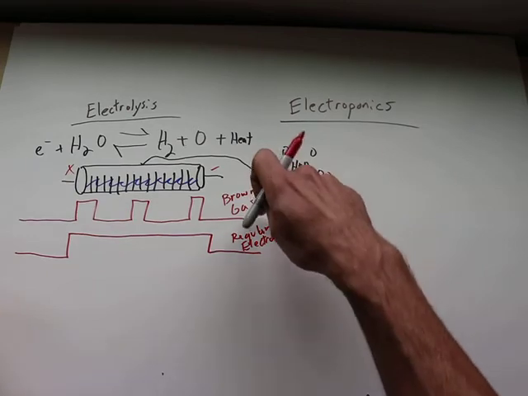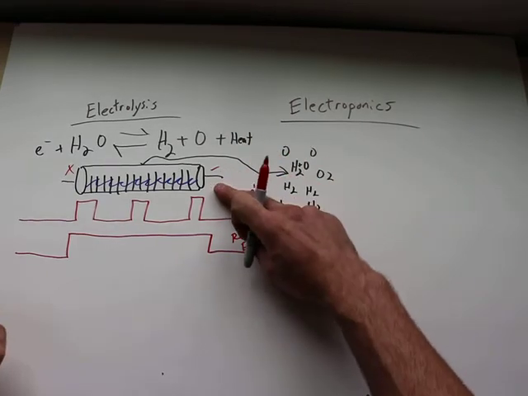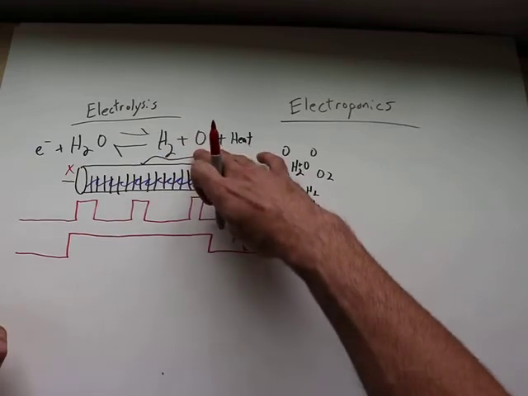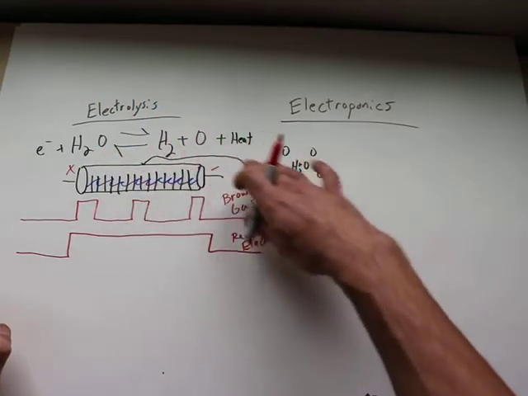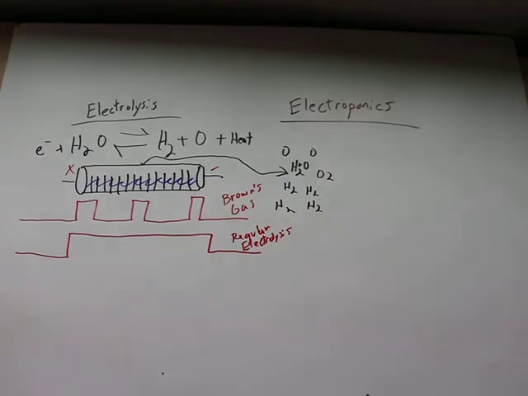So we're using pulsed DC electricity across a series cell electrolyzer in order to liberate hydrogen and oxygen from water. And then we're taking that hydrogen and oxygen and we're using it for electroponics.